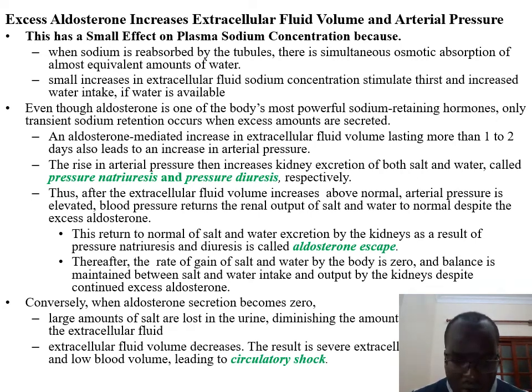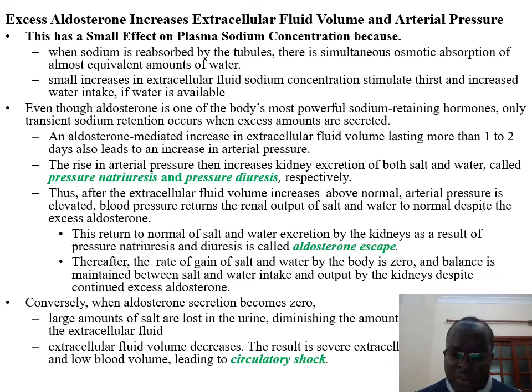Conversely, when aldosterone secretion becomes 0, so now you don't have aldosterone, large amounts of salt are lost in the urine, diminishing the amount of sodium chloride in the extracellular fluid. So the concentration of sodium and chloride in the extracellular fluid is going to decrease because now you are not reabsorbing much of the sodium and chloride.